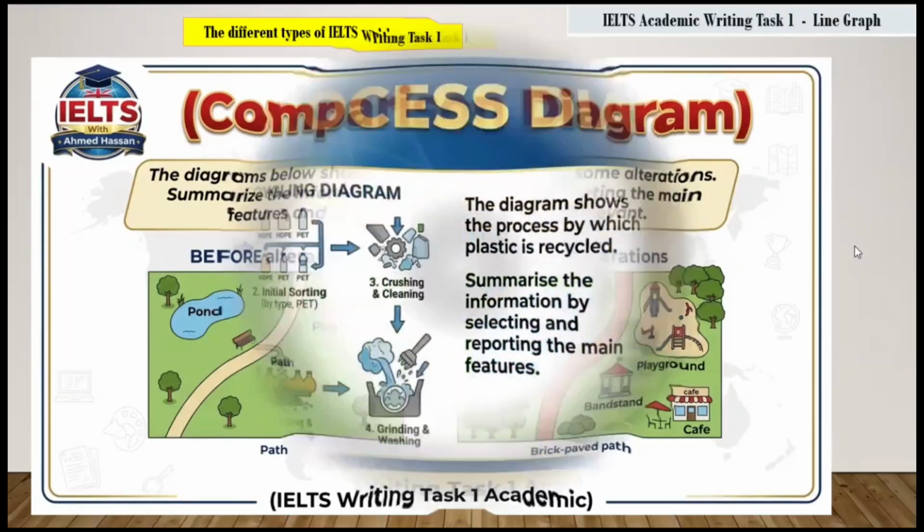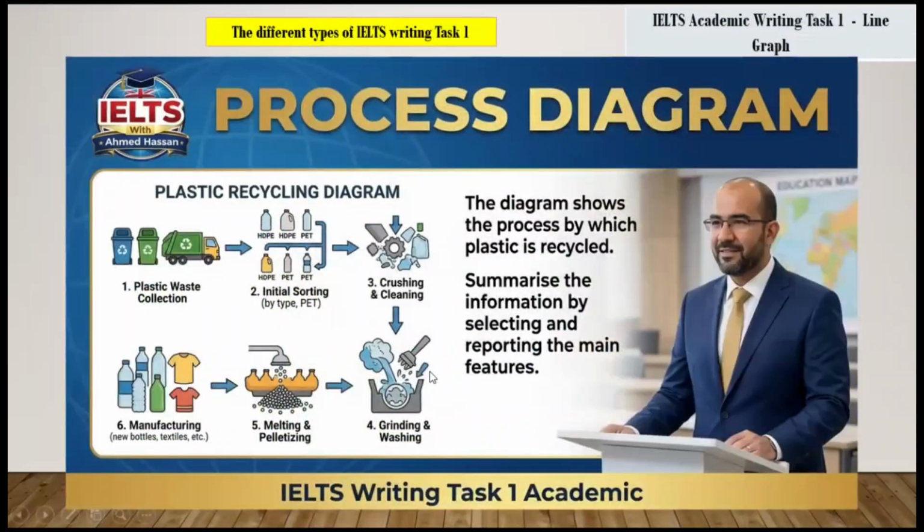You can find also process diagram. In process diagram, you should describe the stages of a process. You will be given a process and you will describe the first stage, second stage, third stage, fourth stage, fifth stage, like this. The diagram shows the process by which plastic is recycled.